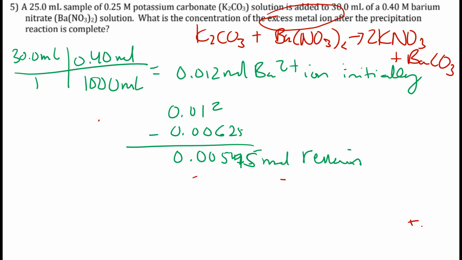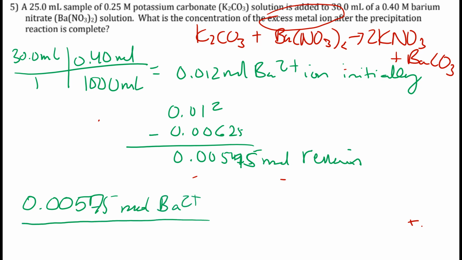So in this total solution, we've got to find the concentration. Luckily we have these moles of barium ion. We want the total solution, and we want moles per liter. So let's just do 25 plus 30.